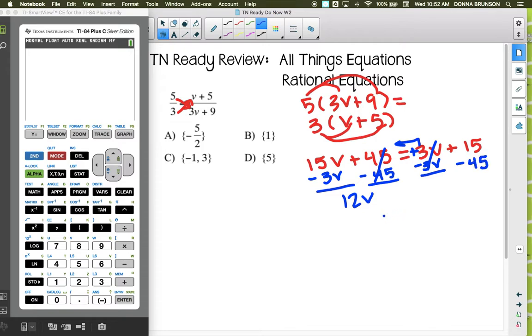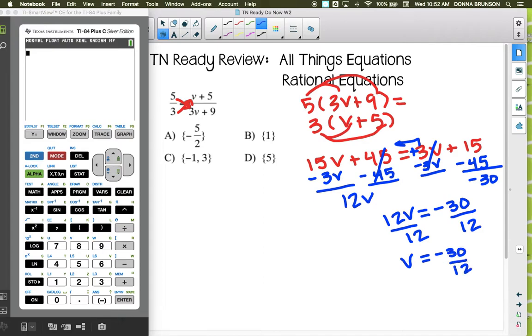All right, so I know that 12v is equal to 15 minus 45, which gives me negative 30. And then I'm going to divide both sides by 12 because the opposite of multiplication is division, and that's going to give me v is equal to negative 30 over 12. I'm going to check that in my calculator to see if that will simplify.